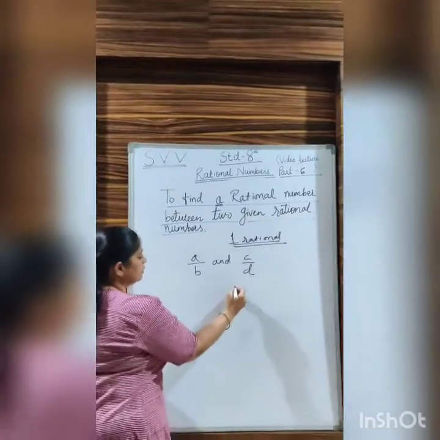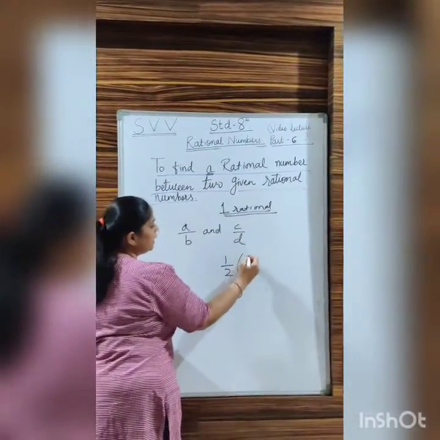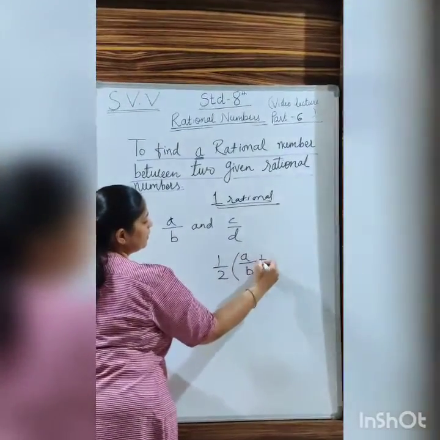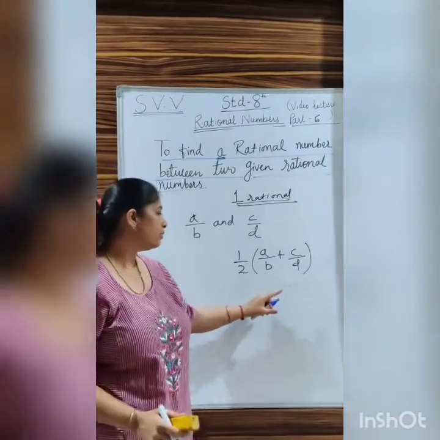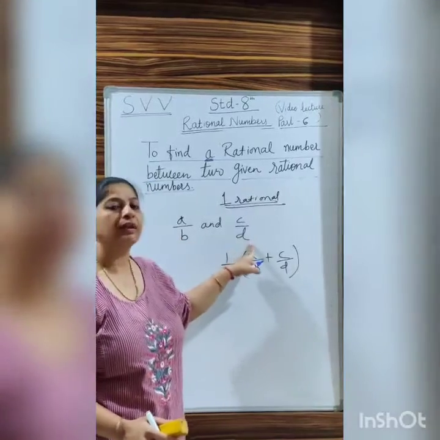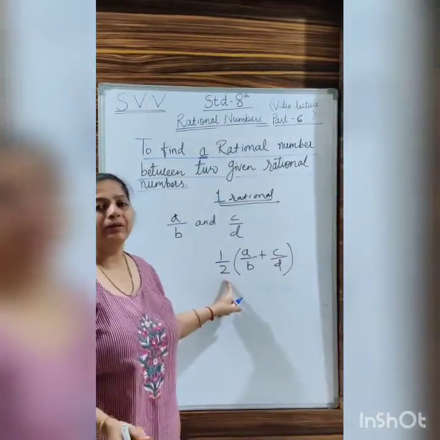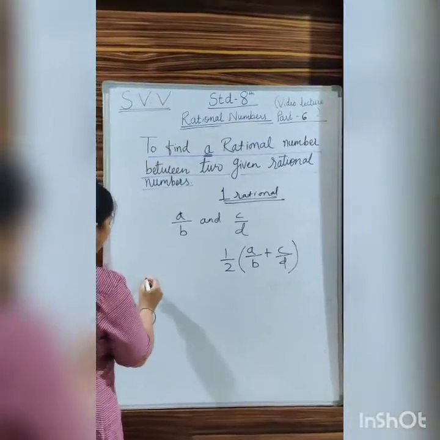So we can go with the formula 1 by 2 times (A by B plus C by D). So only a single rational number you can find by the addition of the rational numbers and dividing it by 2.